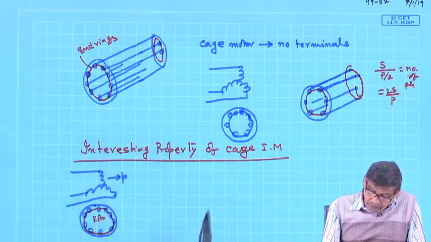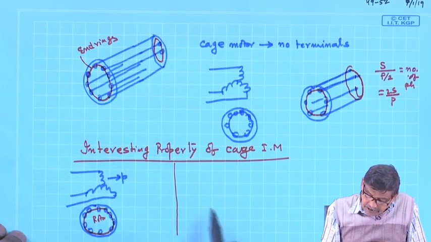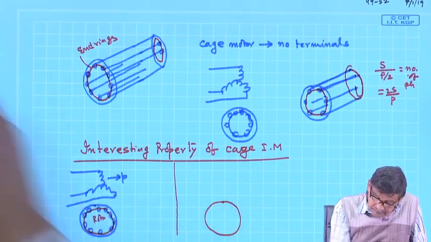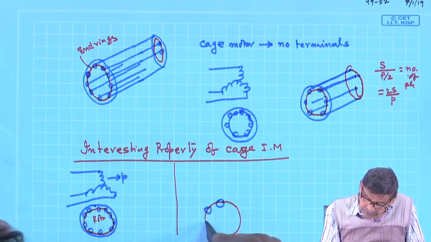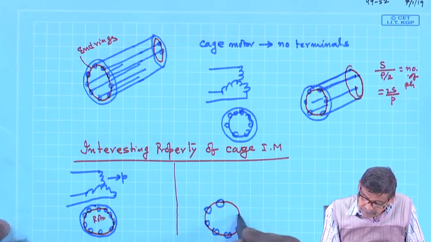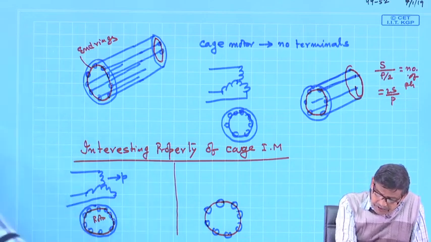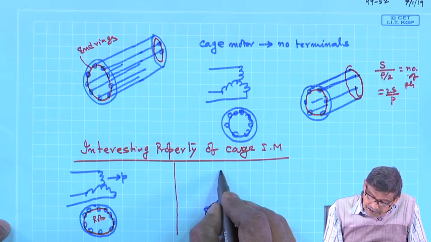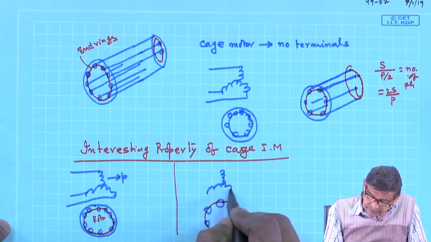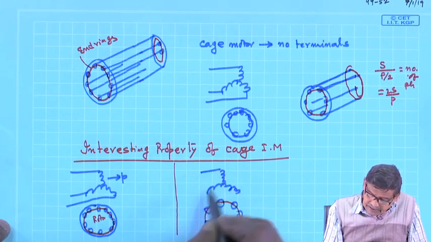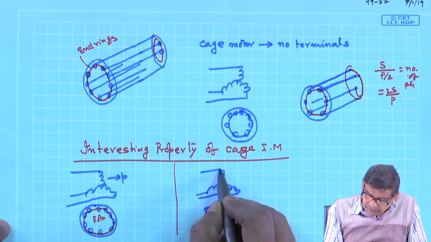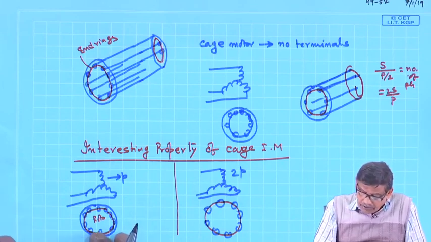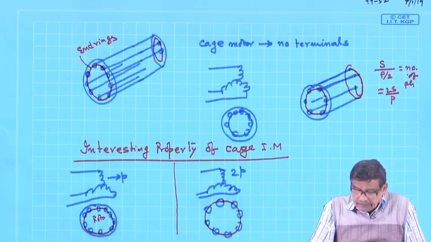Now, what I will do is this, I will have the same rotor, but suppose the stator winding I change, a balanced 3-phase winding nonetheless, and suppose the number of poles is 2p. Suppose it is 2 pole, it is 4 pole stator windings.